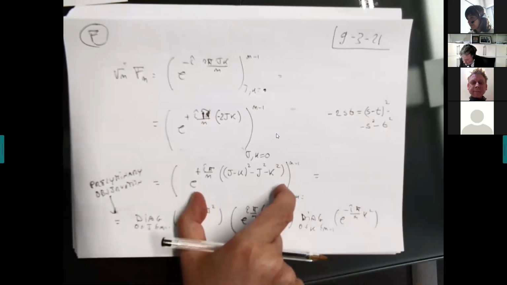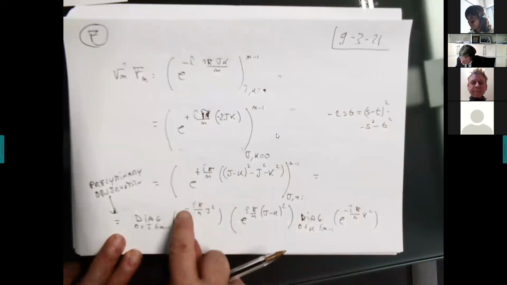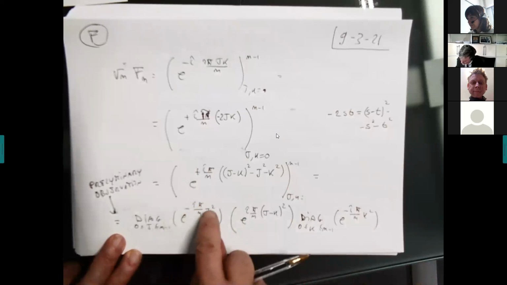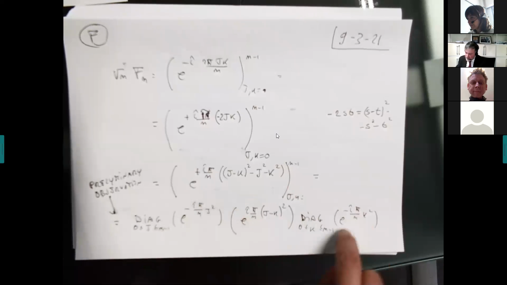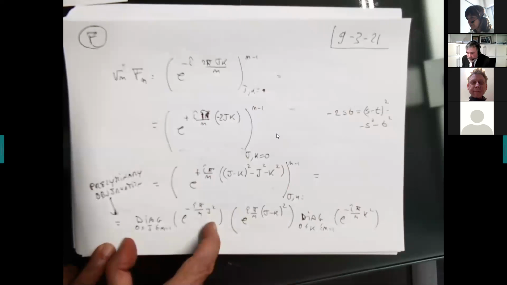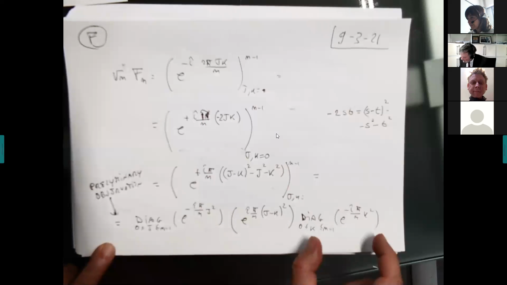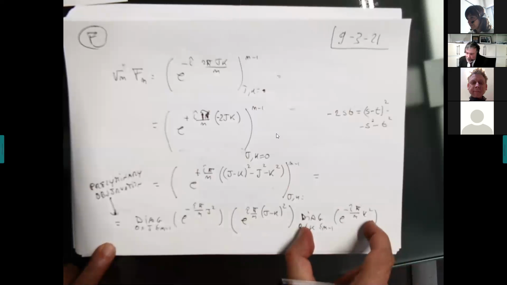Because if you take this, it can be written as e to the minus i pi over n of j squared times this times this. And since this depends only on j, then it is a diagonal scaling on the left. Since this depends only on k, it is a diagonal scaling on the right.